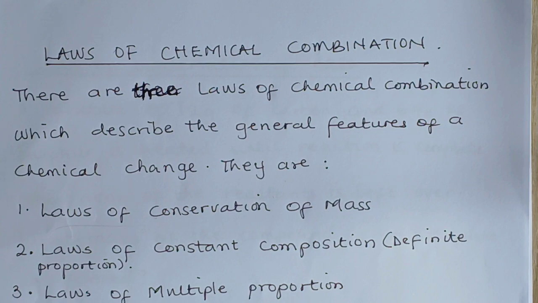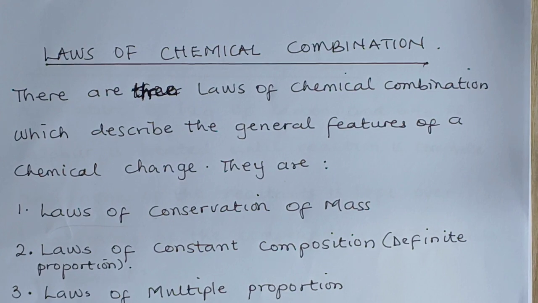They make up the foundation of chemical equations and chemical formulas. The first one here is the law of conservation of mass. The second one is the law of constant composition, which also means definite proportion. And the third one is the law of multiple proportions.